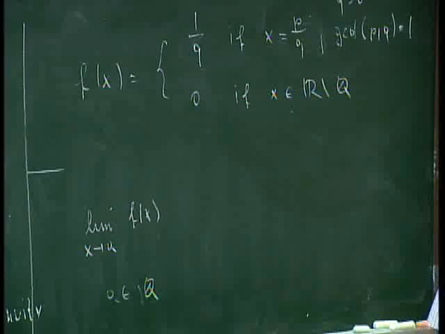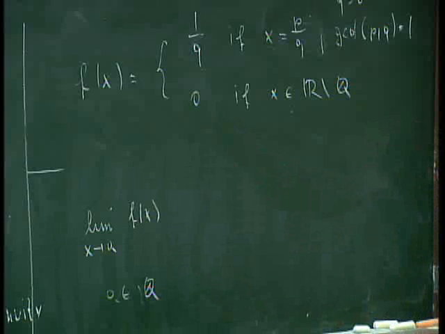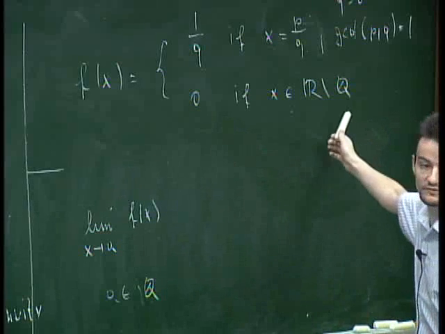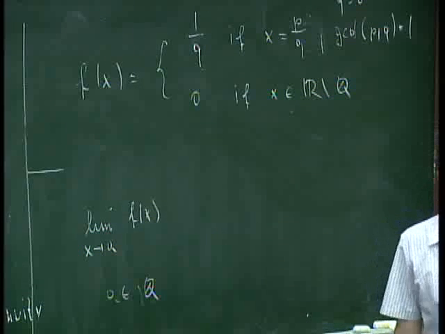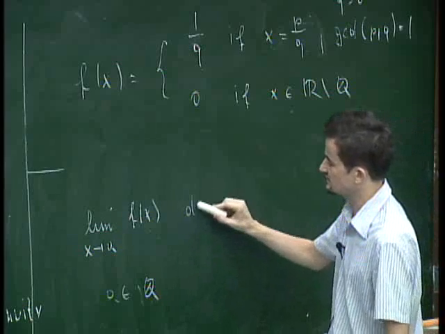But close to x equal to 0, you certainly have also many irrational numbers where the function value is 0. So at 0, the function kind of jumps to 1. So you have that this limit does not exist.